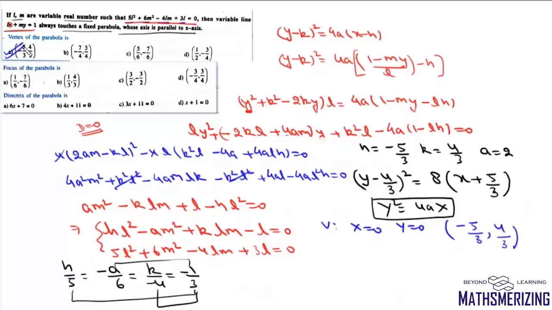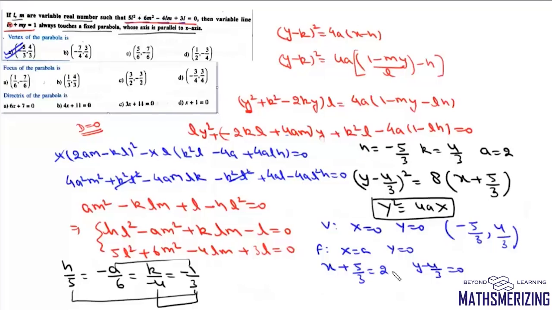Now second, we'll need to find focus of this parabola. We know that for the first form, focus is a comma 0. So capital X is a and capital Y is 0. So X here is x plus 5 by 3, and what is the value of a? a here is 2. And then y minus 4 by 3 equals 0.